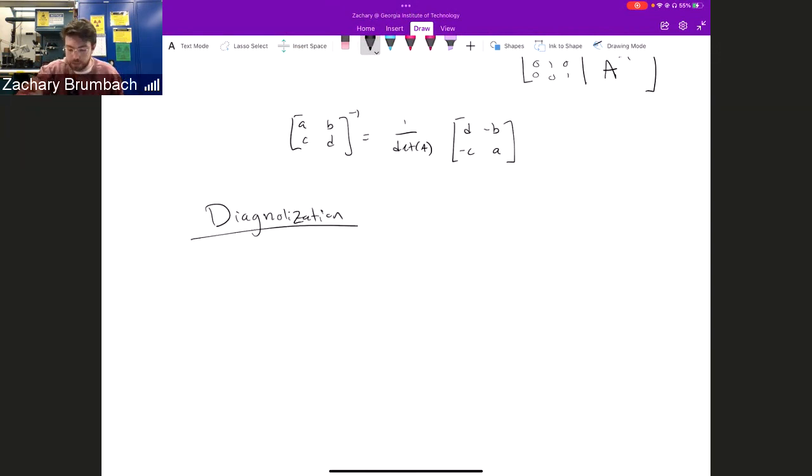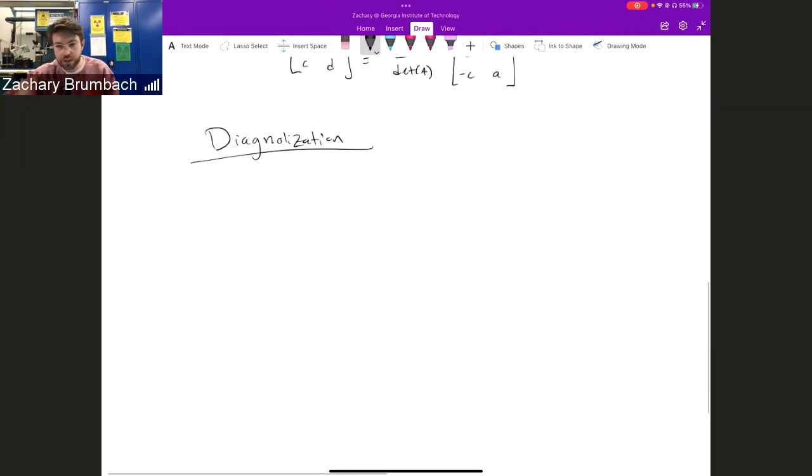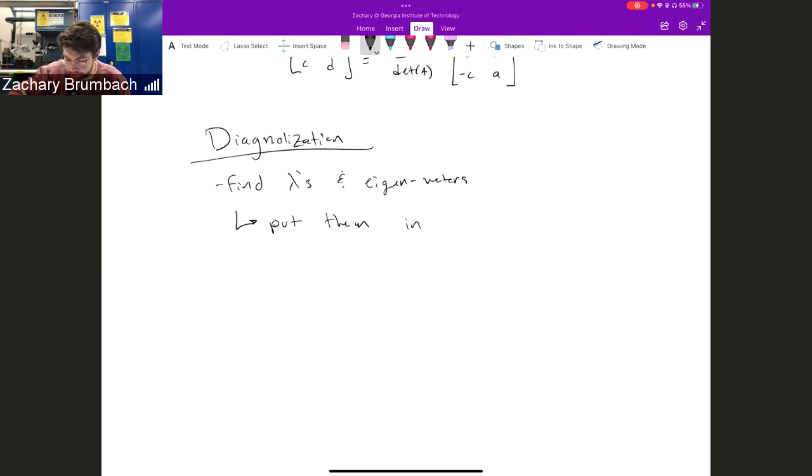Now I have diagonalization. Okay. So this has to do with eigenvalues and eigenvectors. All right. So the whole idea is to find our lambdas and eigenvectors, and from here, put them in matrices.